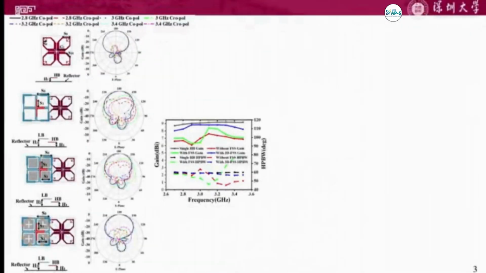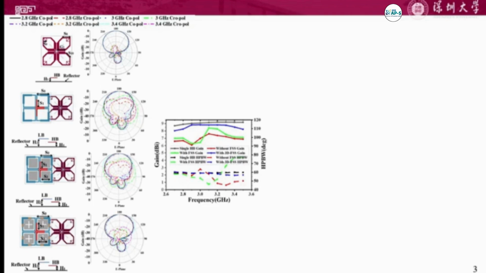In our experiments, we adopted a stacked configuration of low-band and high-band antennas. As can be observed, when the dipole arms of the low-band antenna are constrained, only with the 3D-FSS scheme applied to the low-band antenna can the gain and beamwidth of the high-band antenna be restored to levels nearly identical to those when it is placed in isolation.